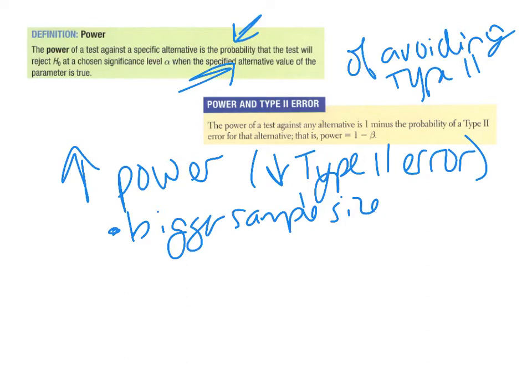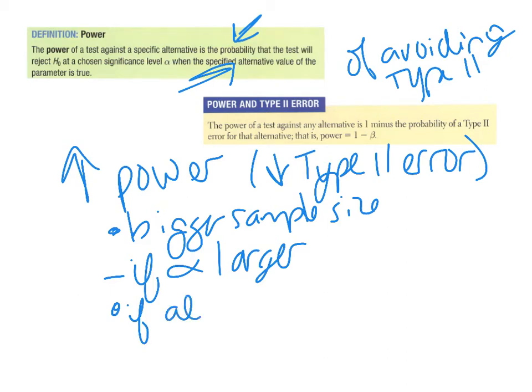If our alpha is larger, because this means our p-value doesn't have to be as small, we increase the power of the test. And we also can increase the power of the test if our alternative value is far from the null hypothesis.